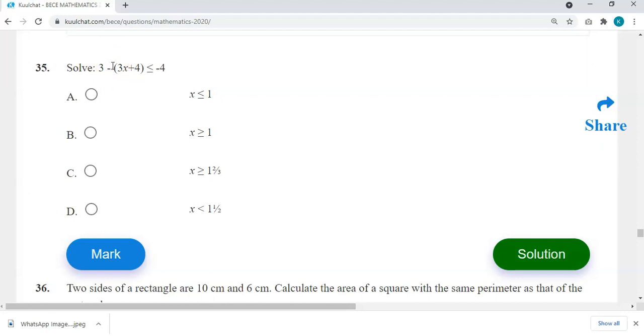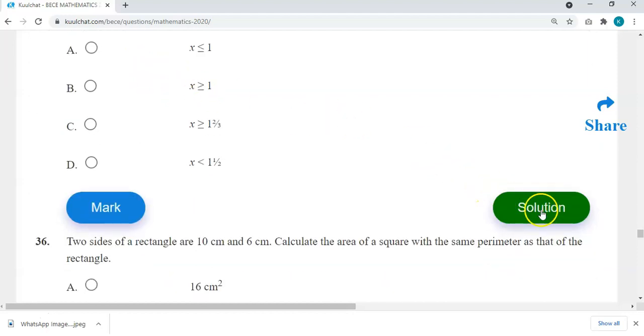When you are using the distributive property, which says that what is outside should multiply everything inside, if it's negative 1, we have negative 1 times 3x and negative 1 times 4. So when simplifying, we get 3 minus 3x minus 4 less than or equal to negative 4. Then you can further simplify.